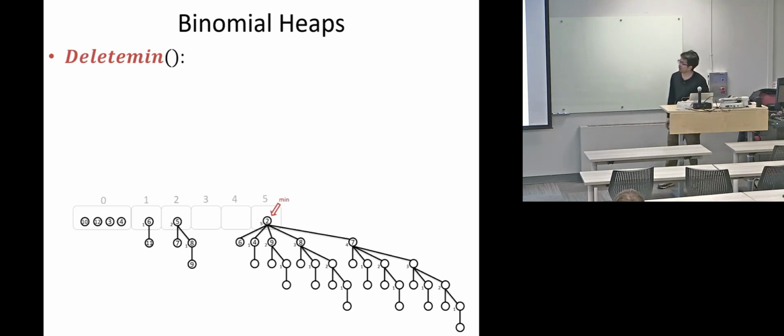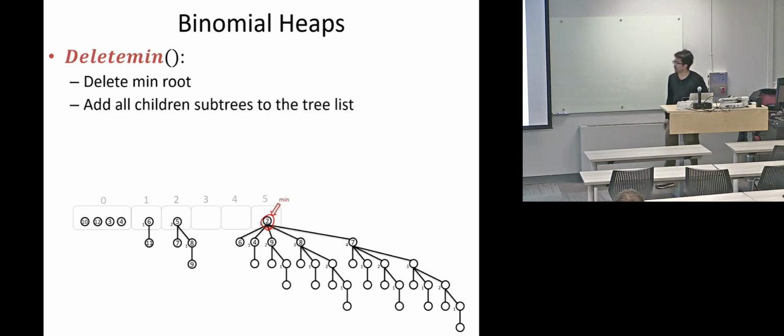So what it would do is that, first of all, we point to the min guy, so we just delete the minimum root. And once you delete the minimum root, we're gonna add all the children subtrees to the tree list.